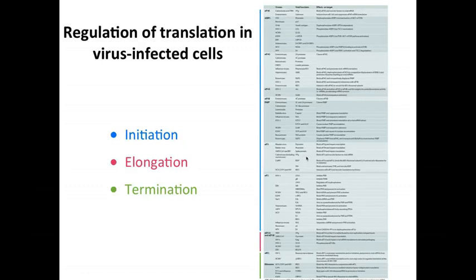And I know you can't see these, but this table shows each initiation or elongation or termination protein, the virus that's involved, and what the virus does to the target. So we'll see later that eIF4G, for example, is cleaved in many virus-infected cells. So the point of this table is twofold.